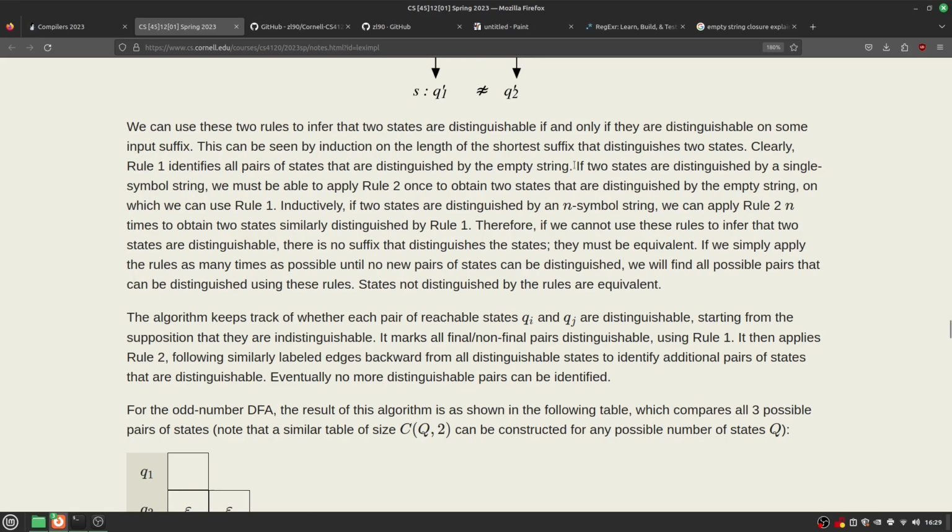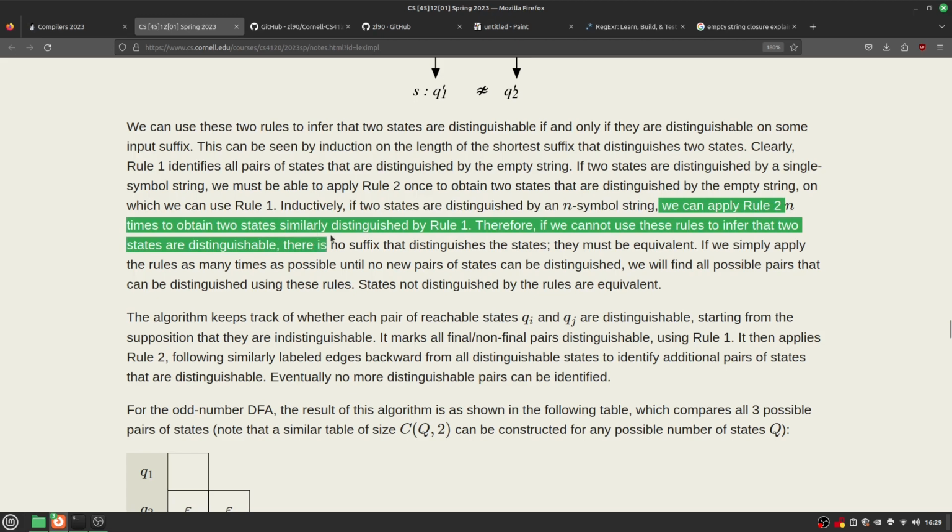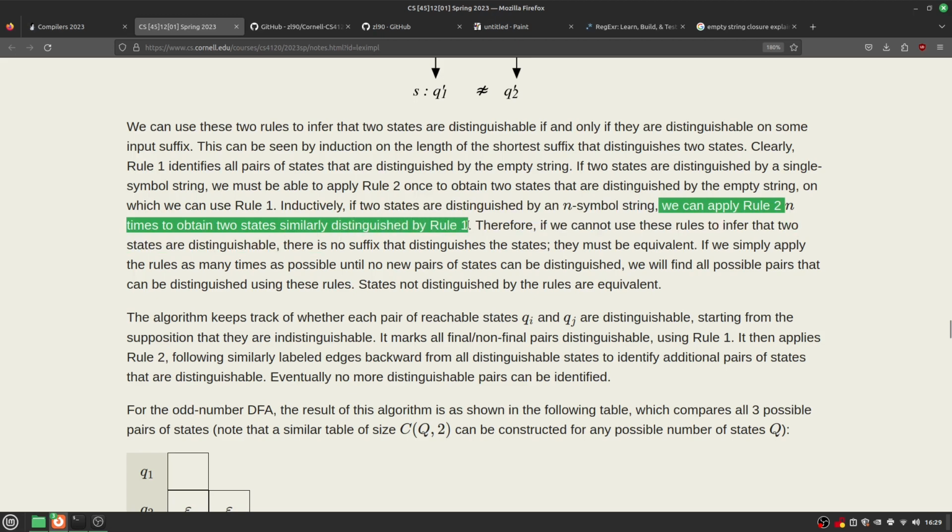If two states are distinguished by a single symbol string, we must be able to apply rule 2 once to obtain two states that are distinguished by the empty string, on which we can use rule 1. Inductively, if two states are distinguished by an n symbol string, we can apply rule 2 n times to obtain two states similarly distinguished by rule 1.